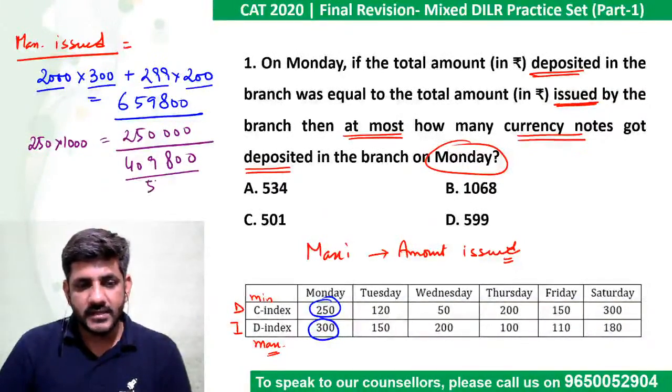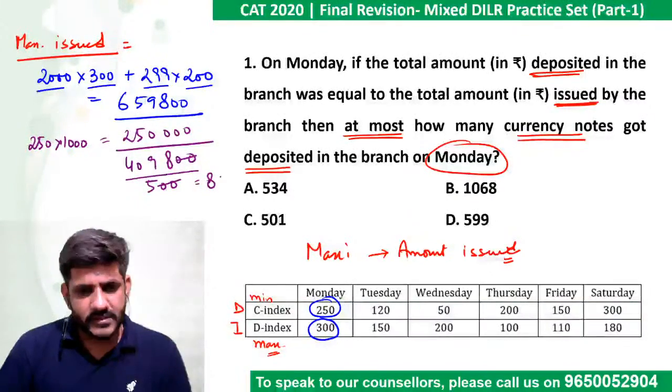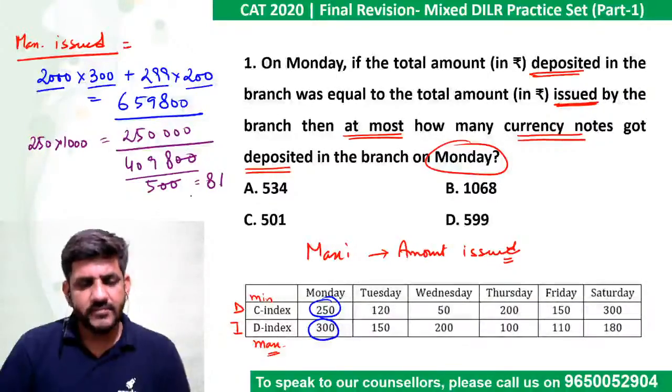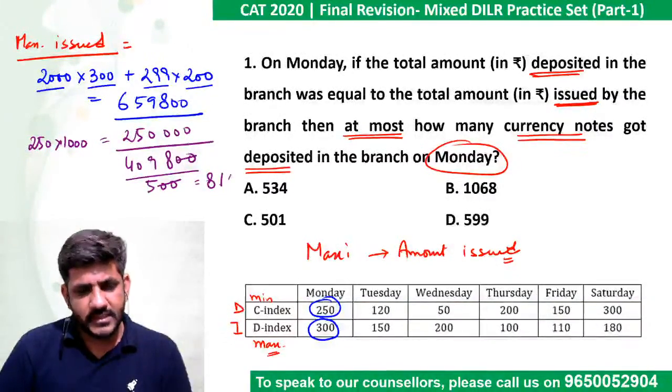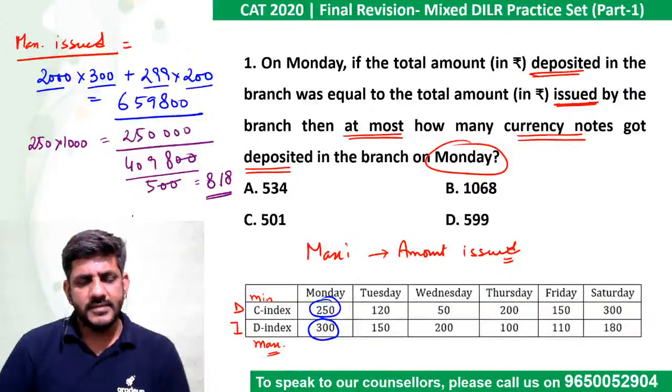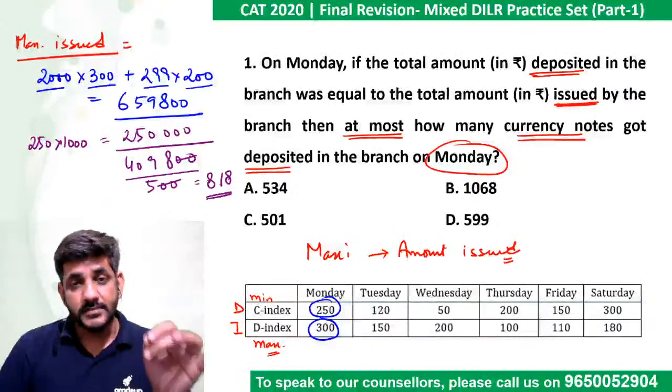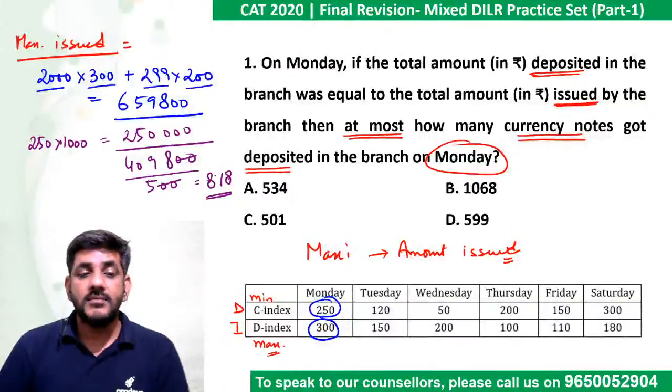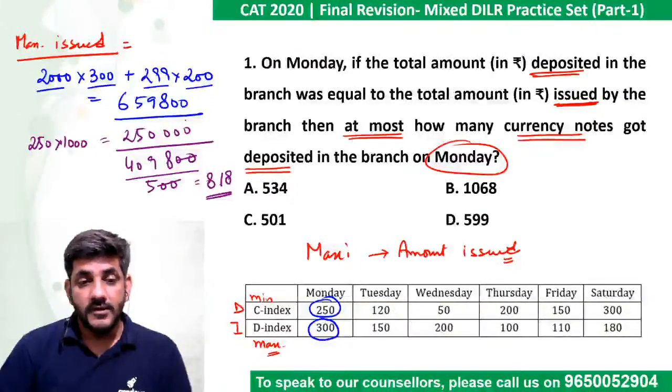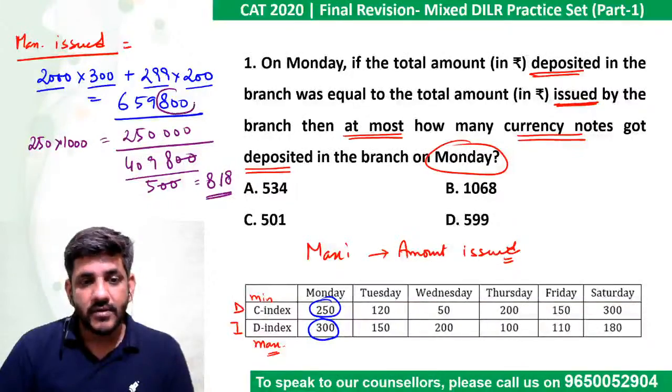I divide it by 500. So this will give me how much? Dividing by 5, 5 8s are 40, and then 5 1s are 5, right? 4 remains, and then 5 8s are 40 point something. That is 818 point something, right? Why did a decimal come? Actually this amount is not divisible by 500, so I'll have to keep this a multiple of 500.